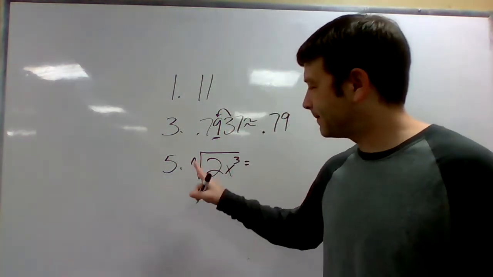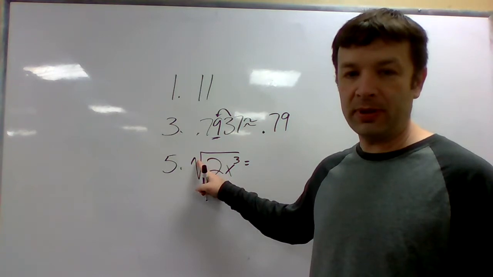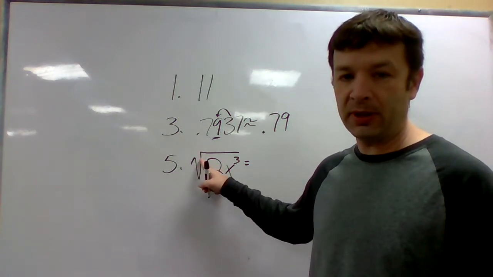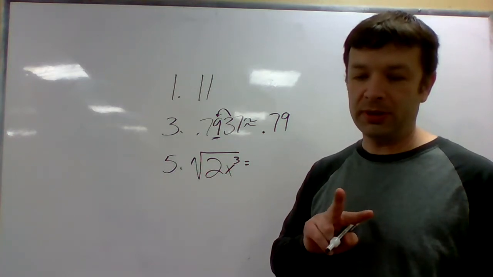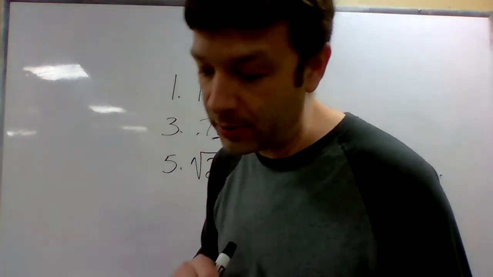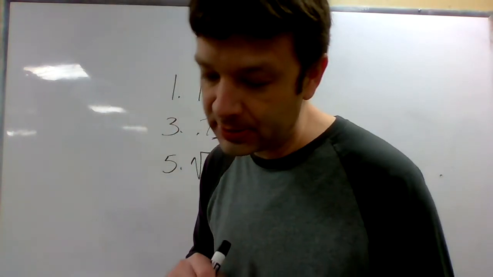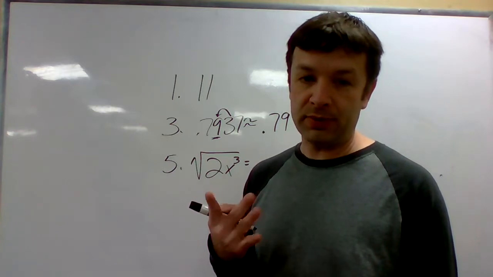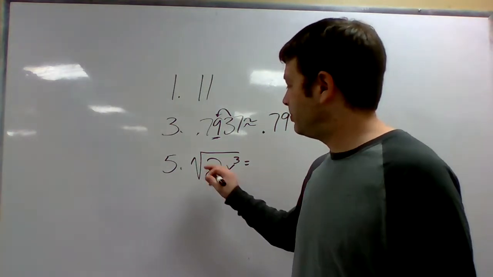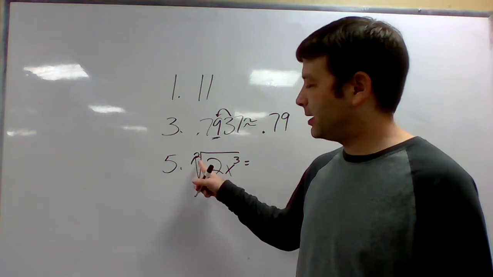Okay. If there is no number on the radical, no number up here, that means it's automatically a 2, a square root. If there is a number, like on number 6, it is that root. So on number 6, it's a 4th root. Okay, I'm going to go ahead and write a 2 in there.